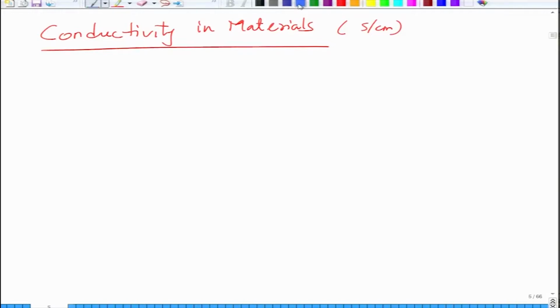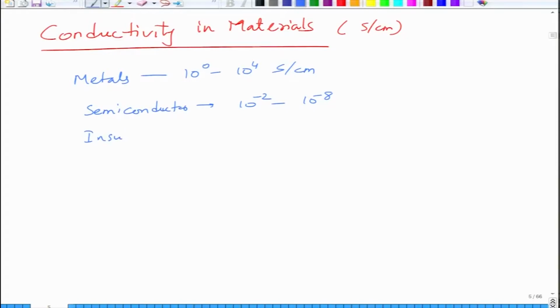Metals have a conductivity of the order of 10 to the power 0 to 10 to the power 4 Siemens per centimeter, whereas semiconductors are in the range of 10 to the power minus 2 to 10 to the power minus 8, whereas insulators would be less than 10 to the power minus 8.